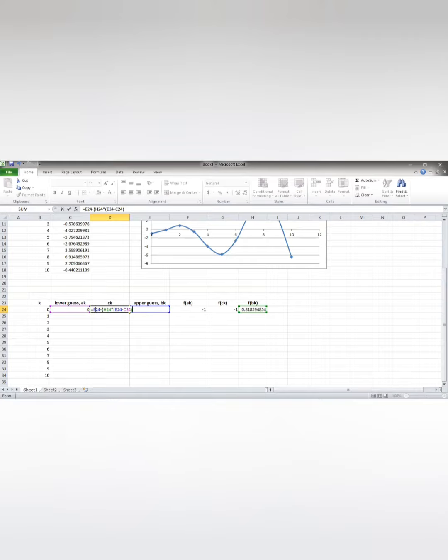Okay, we have to enclose this with parentheses, divided by FB minus FA.